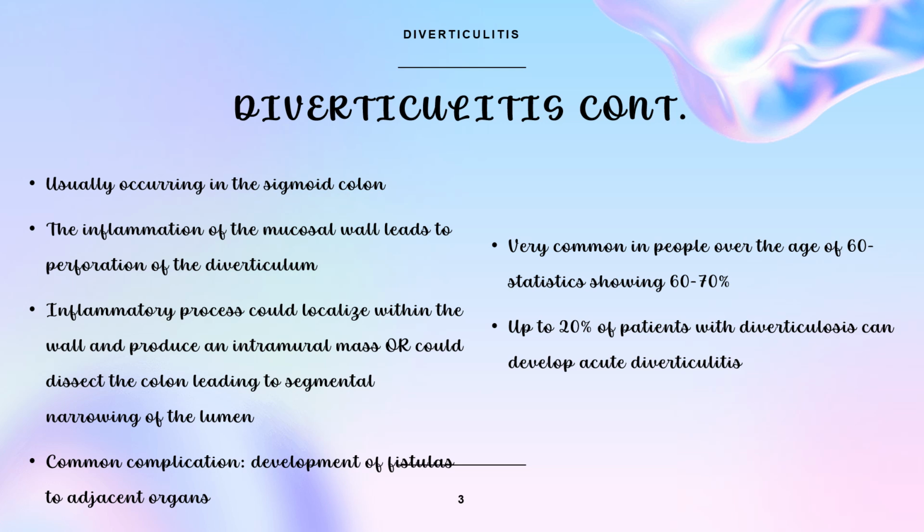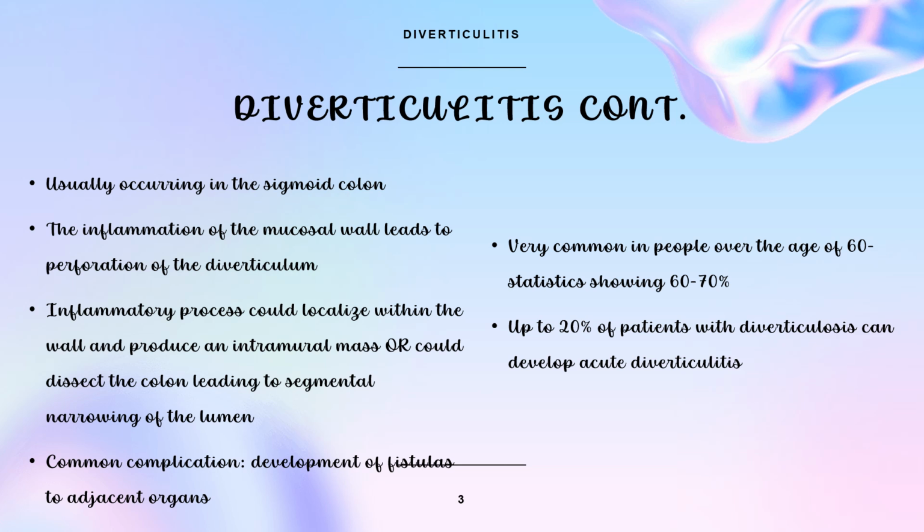This inflammatory process could localize within the wall and produce an intramural mass, or it could dissect around the colon, causing narrowing of the lumen, which you'll be able to see on X-rays and CTs and things like that.